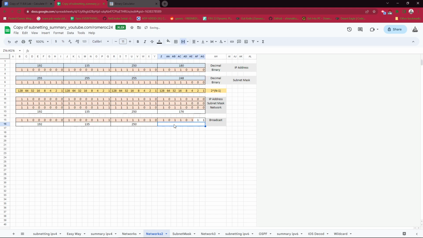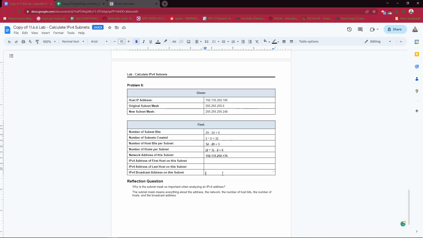Then this one is 4 plus 2 plus 1, so we get 183. So it will be 192, 135, 250, and 183.